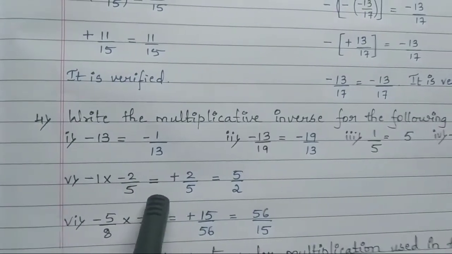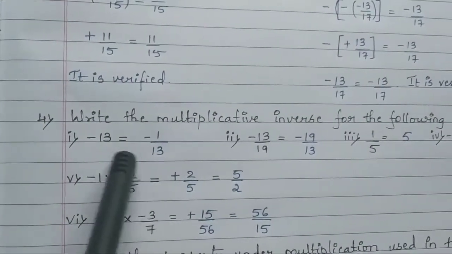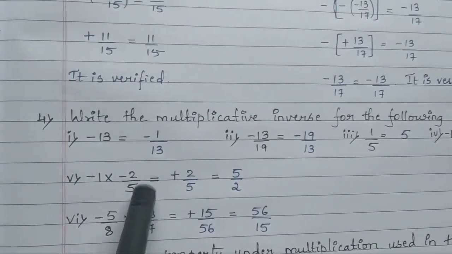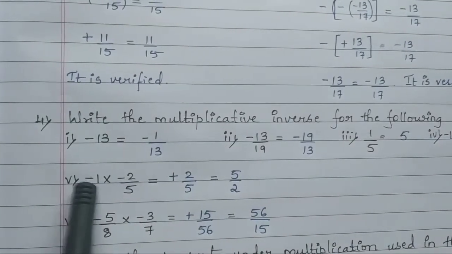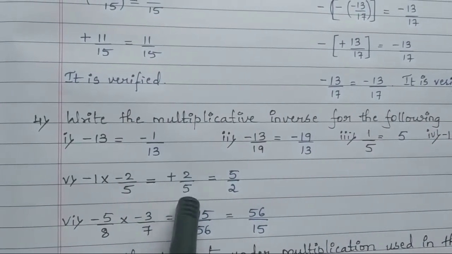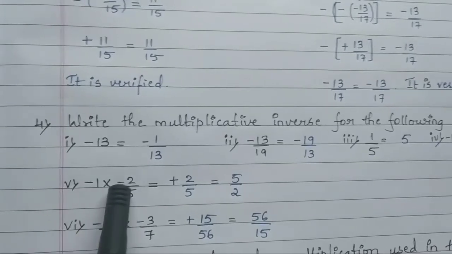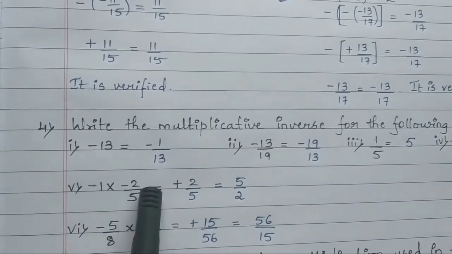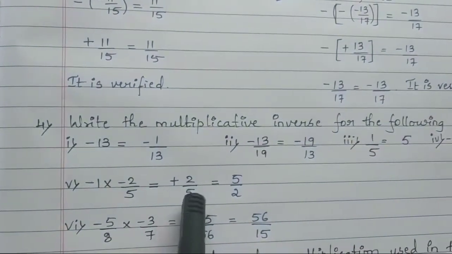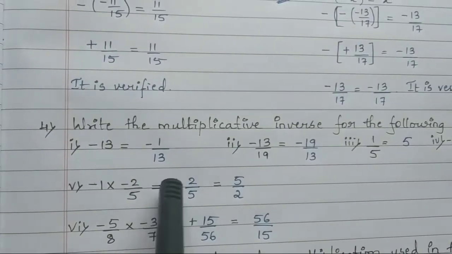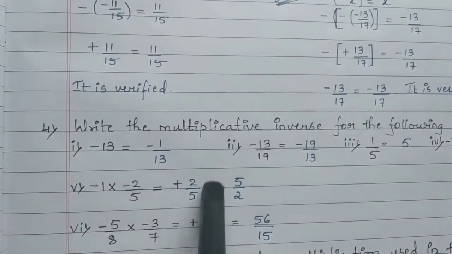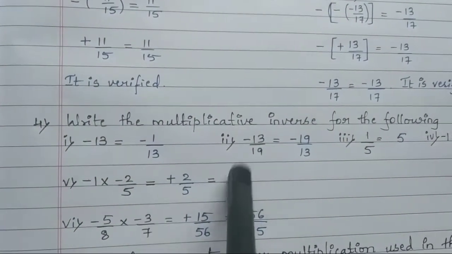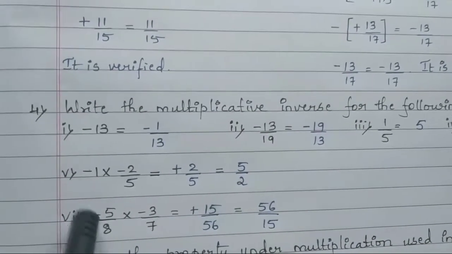First you have to solve this multiplication. After solving it, we get plus 2 by 5, as minus into minus will become plus, and 1 into 2 will become 2 by 5. So what is the multiplicative inverse of plus 2 by 5? That is 5 by 2.